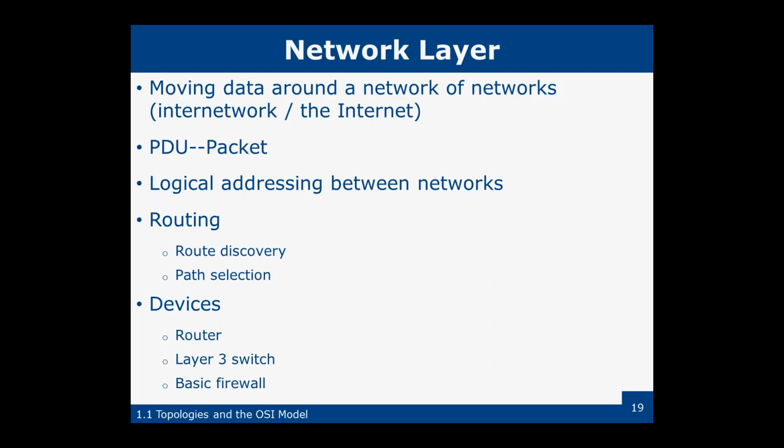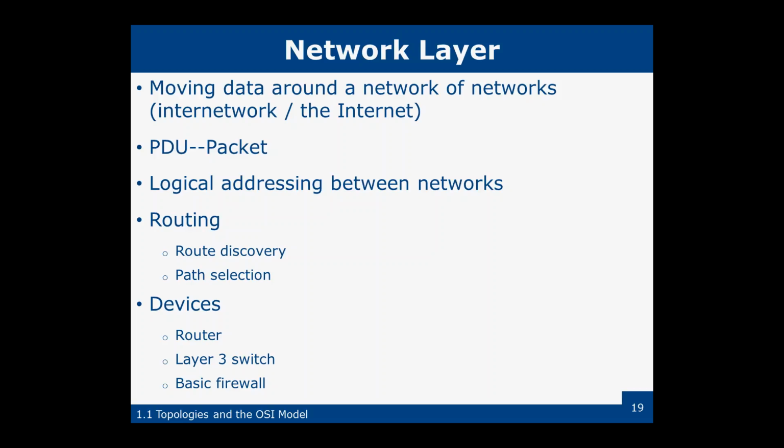The devices at the network layer are routers, layer 3 switches, and a basic firewall. Basic firewall, we're going to filter at this layer and at the one above it at the transport layer. A layer 3 switch is different than a layer 2 switch.